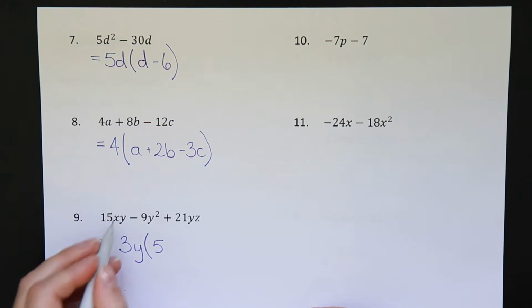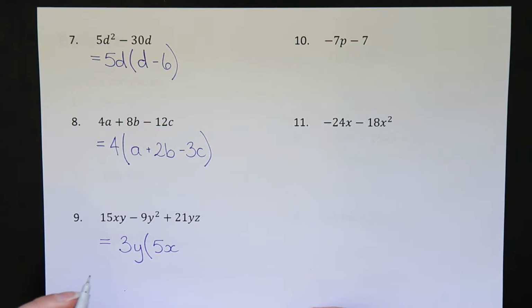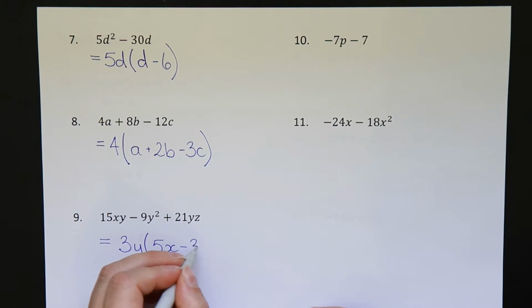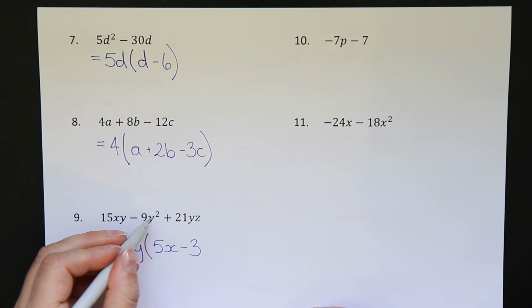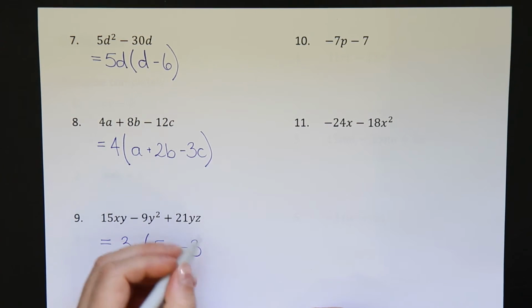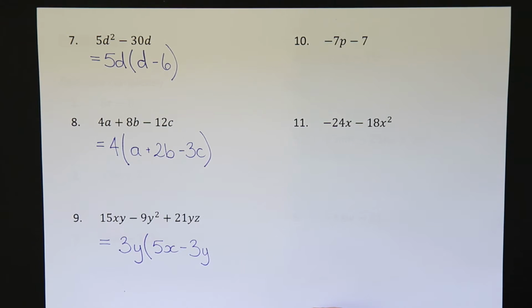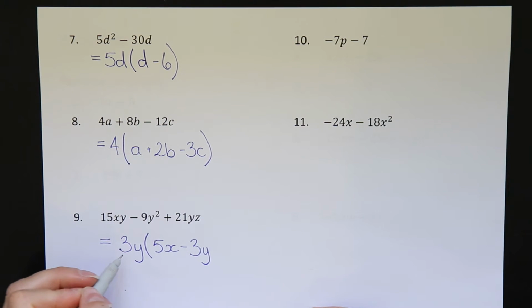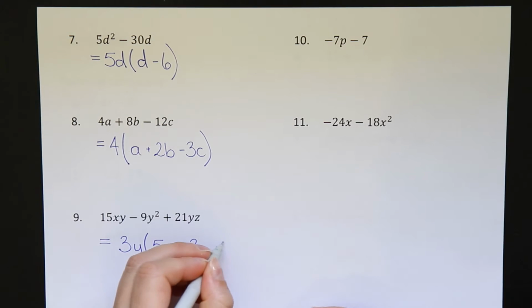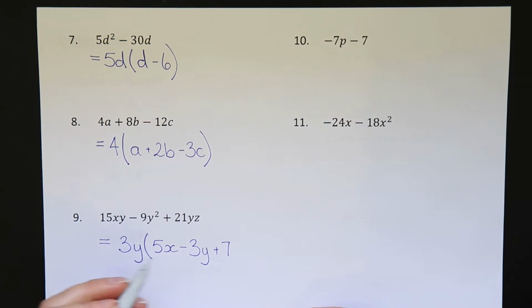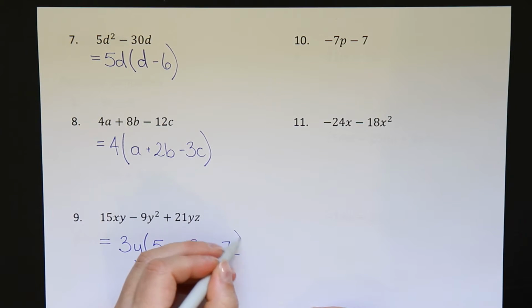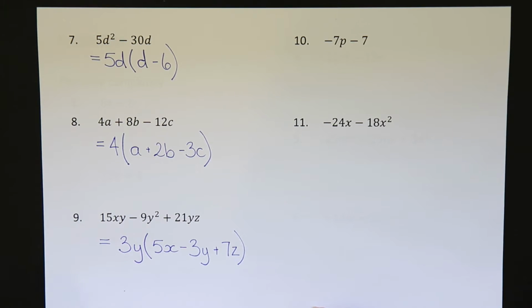I've taken the y out, so there's still an x that needs to go in the bracket. 9 divided by 3 goes 3 times. I had a y squared, one of them's come out the front, so there'll still be 1 left in here. 21 divided by 3 goes 7 times. I've taken the y, but I still need the z.